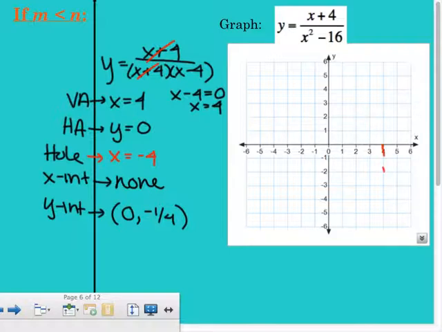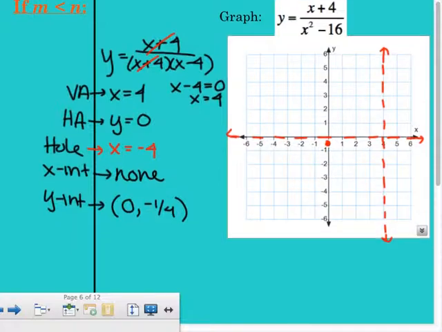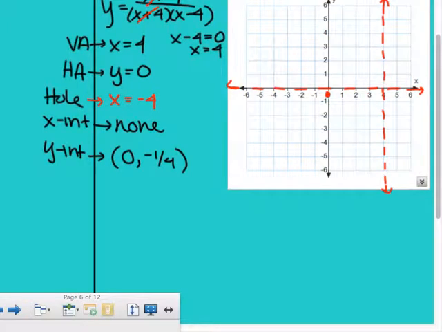So I'm going to plot the vertical asymptote, the horizontal asymptote, and the y-intercept. That's all you have. So again, not a good picture, so you need to make a t-chart and plug in x values.